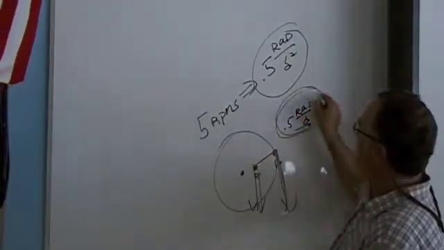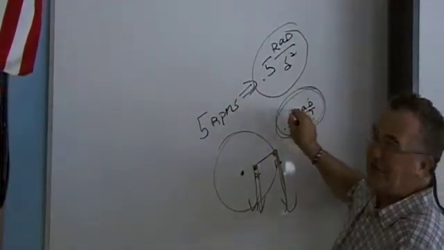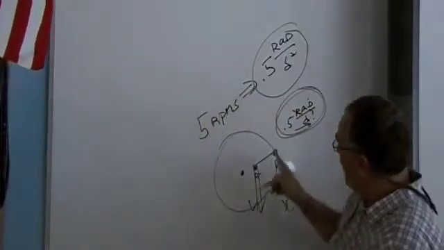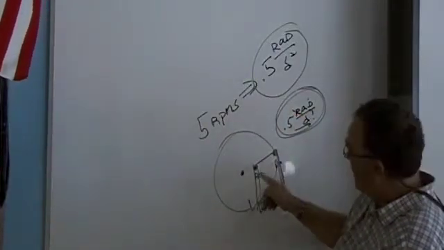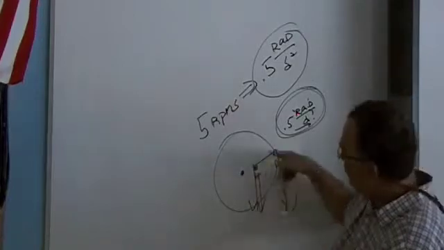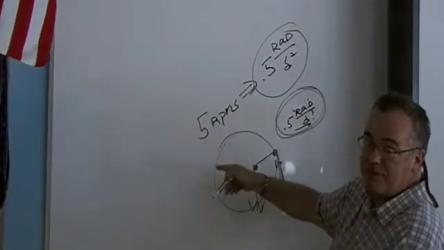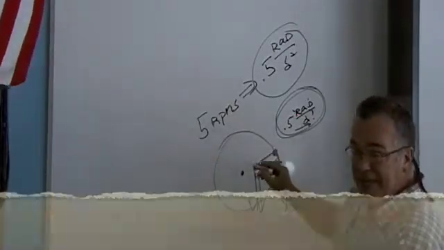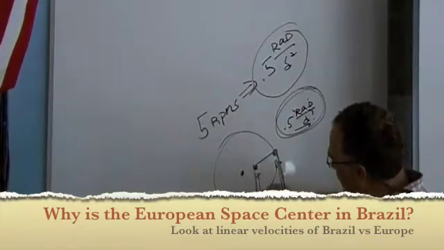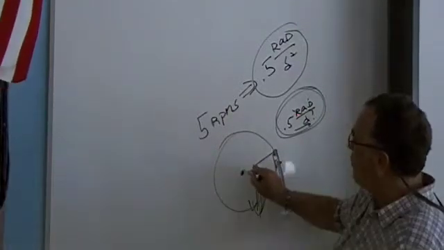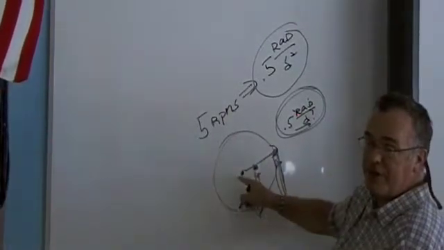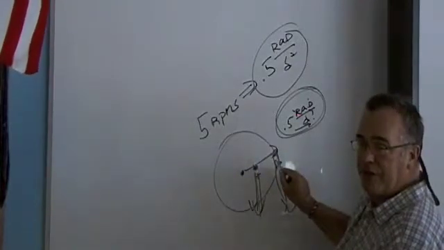So that's the big difference. They always have the same angular velocity. They always have the same RPMs. This one does not have 40 RPMs and that one 20 RPMs. They're both doing the same number of RPMs. What's different is the linear velocity. The further you are away from the center, the faster you're moving to keep up.